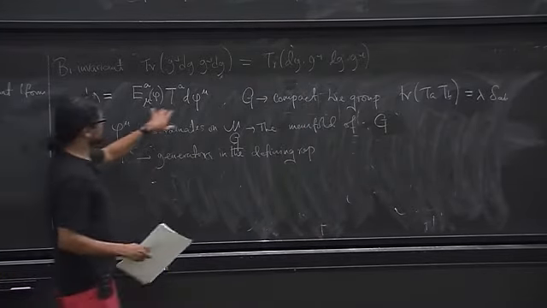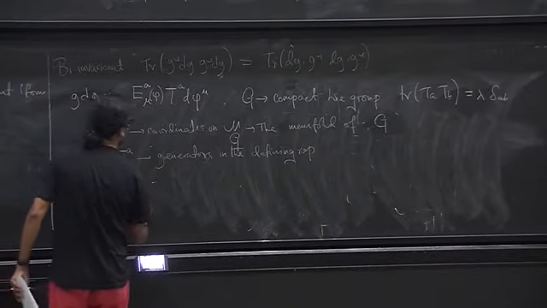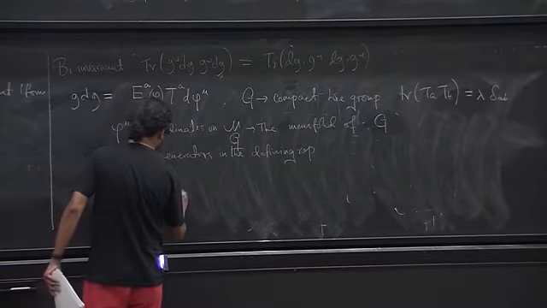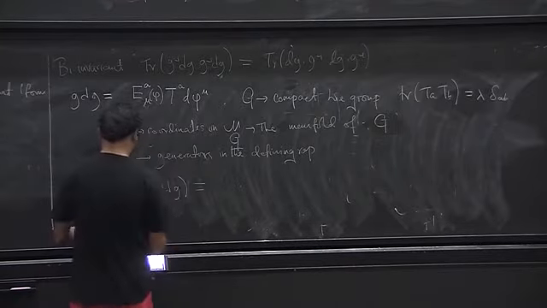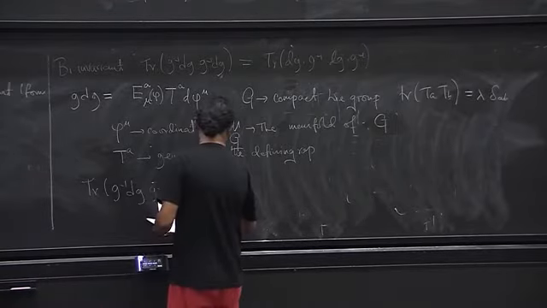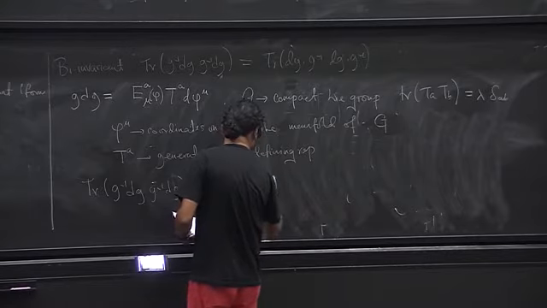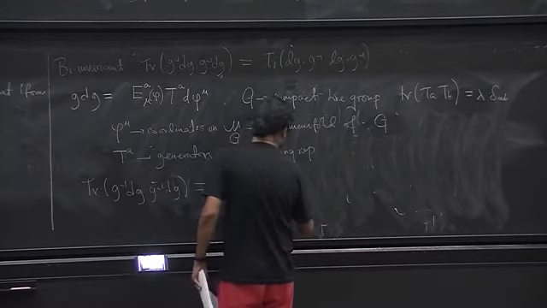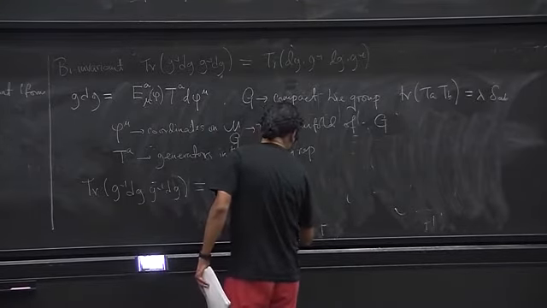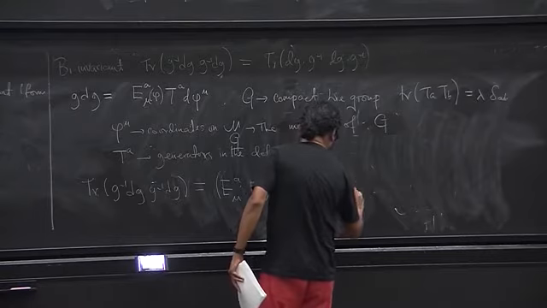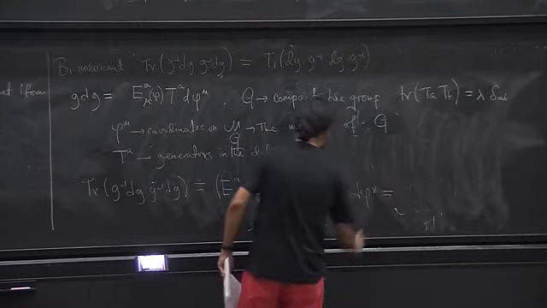So now if I plug this formula in there, I basically get some constant, and there's a delta AB times d phi mu d phi nu.